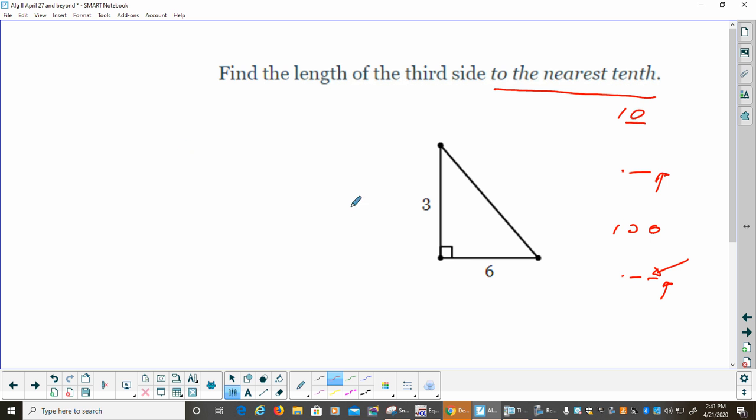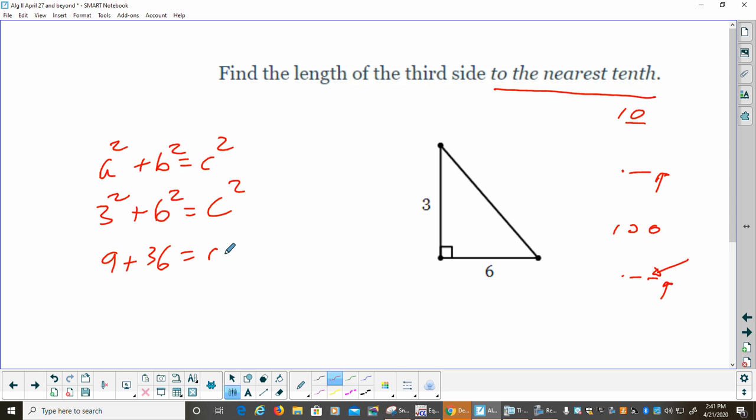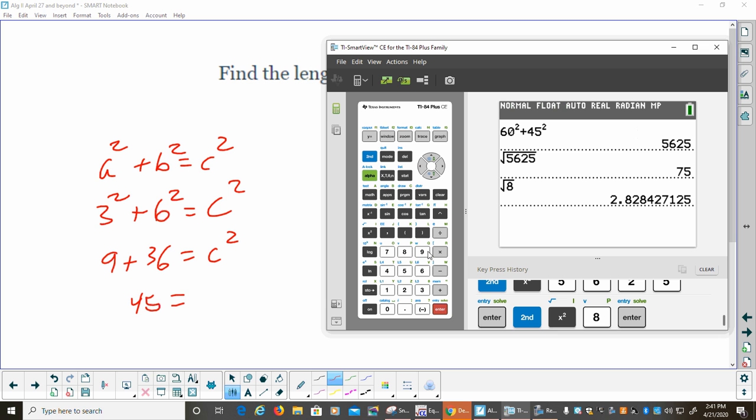They give you the legs. It doesn't matter which one's A, which one's B. So 9 plus 36 is equal to c squared. So that's going to be, what, 46? 5? My arithmetic has gone bad here. You guys know me well enough to know I sometimes am arithmetically challenged.